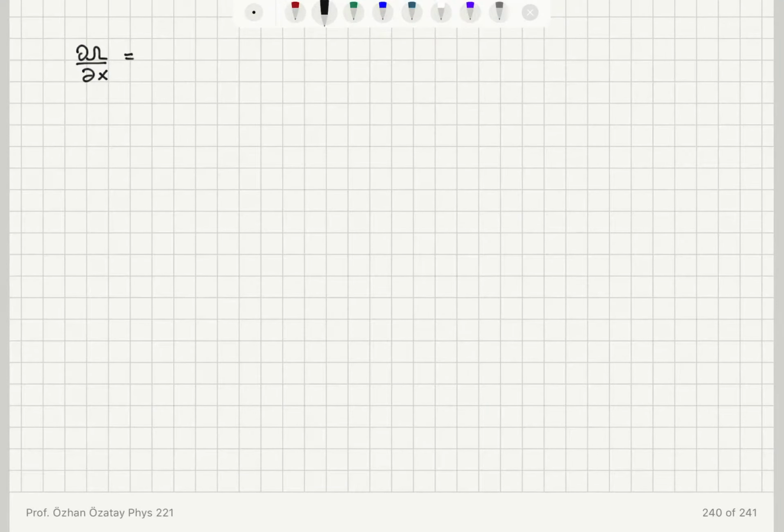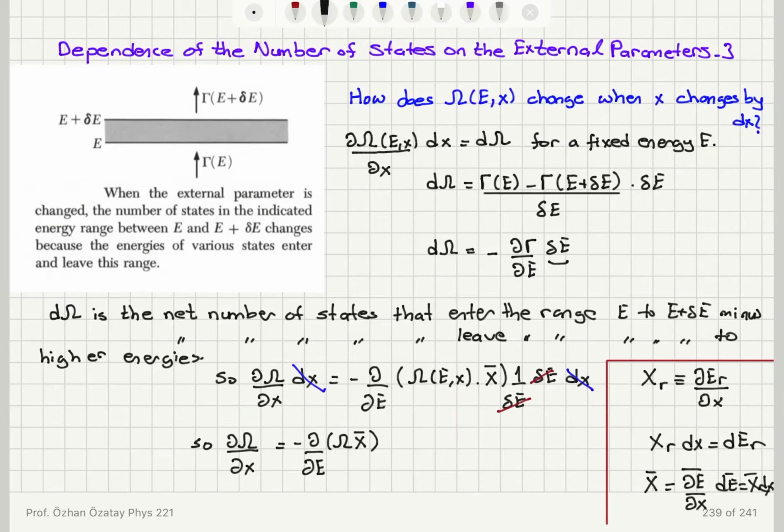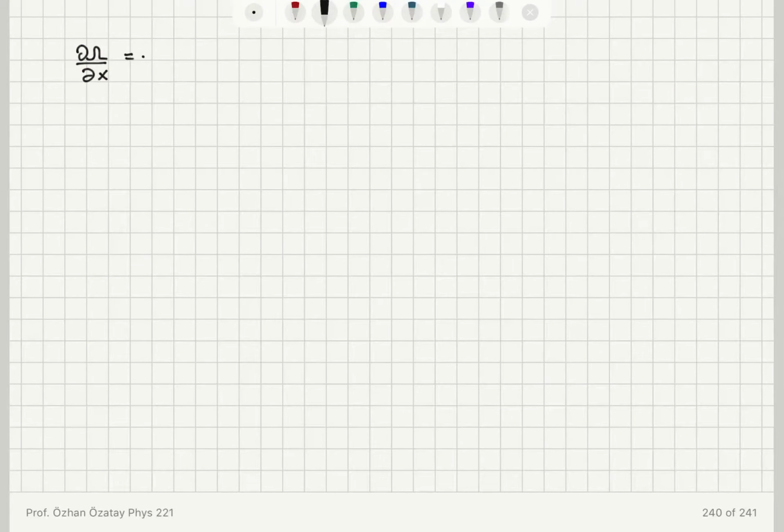I will have minus ∂ω/∂E multiplied by x bar, and then minus ω ∂x bar/∂E.